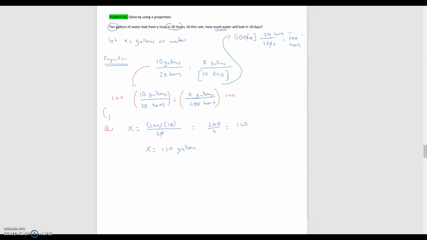So we could write our sentence stating that in 10 days, a total of 120 gallons will leak from the hose.